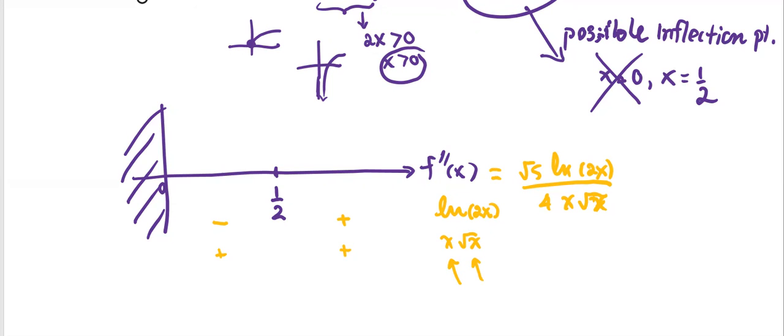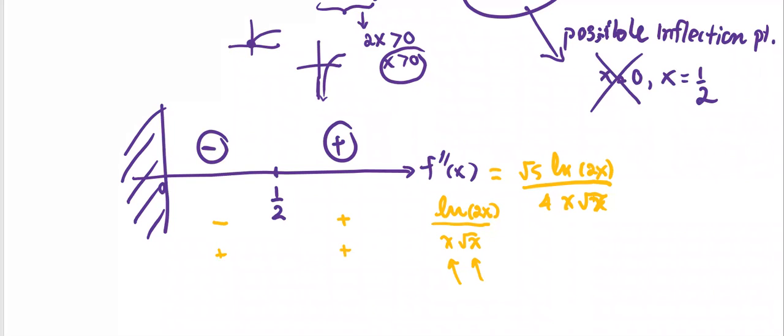So you divide these two quantities. That means you divide these two signs. So then the sign, after you divide negative and positive, the final sign is going to be negative. For positive divided by positive, you get positive.